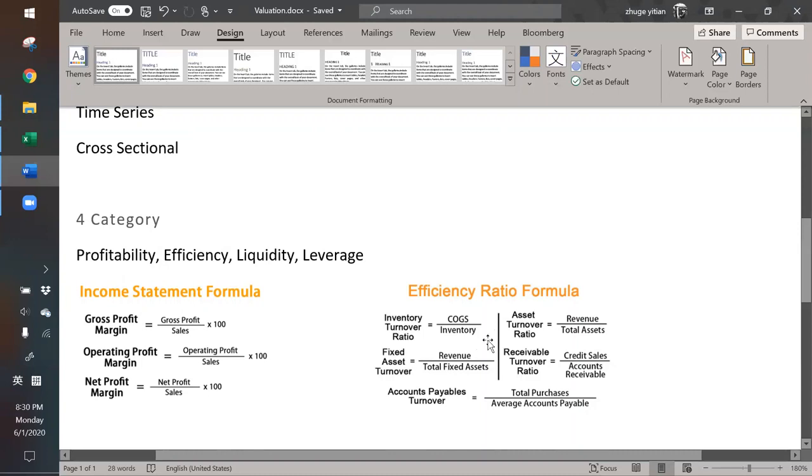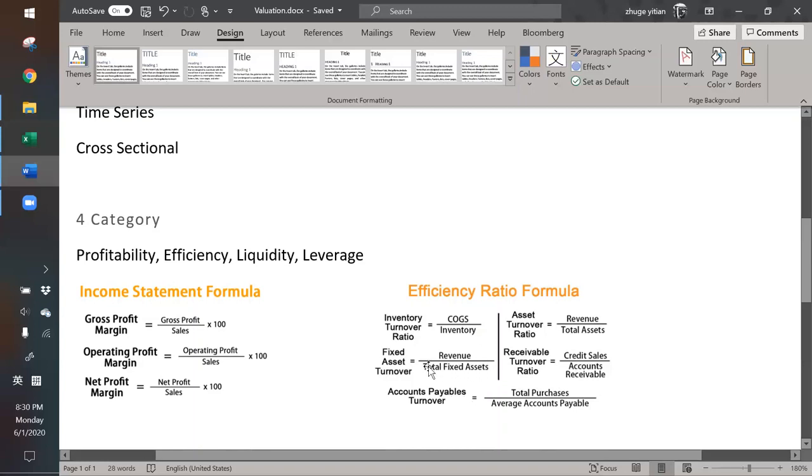If the ratio is very high, that probably means the company has very good sales, and then they probably have insufficient inventory. And if the ratio is too low, that implies the company has weak sales, or they may have excess inventory in their warehouse. It's very similar for accounts receivable and accounts payable.